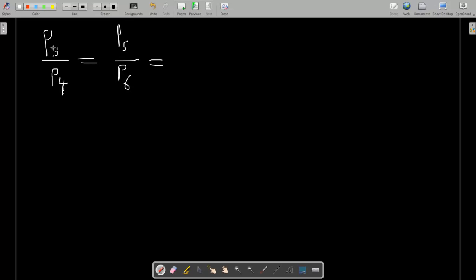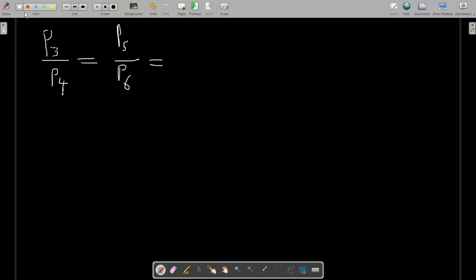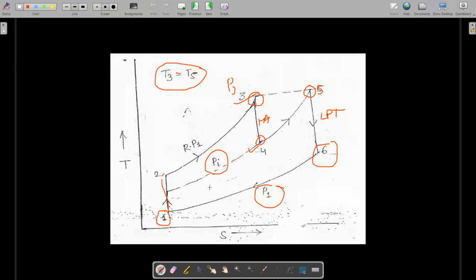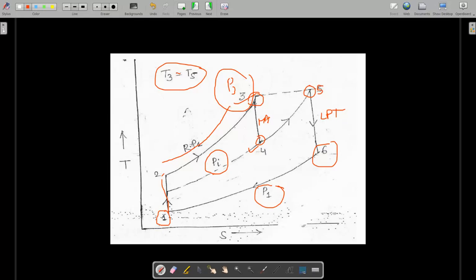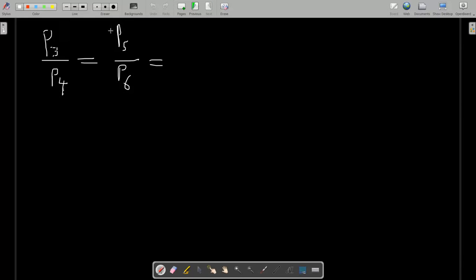P3 is the same as P2, having the same pressure line, that is R into P1. Why? Because the heat addition in the combustion chamber in the Brayton cycle is a constant pressure heat addition, so it is the same as the final pressure, R times P1. And P4 is the intermediate pressure, so I am writing it as PI.